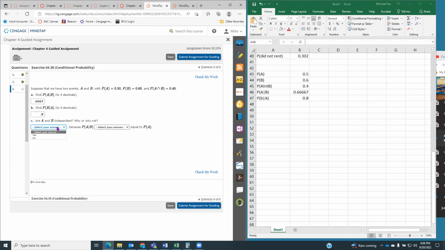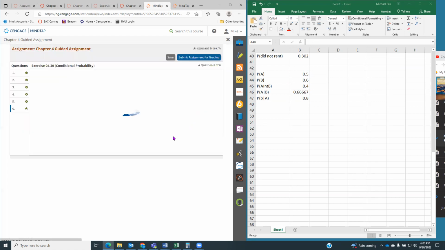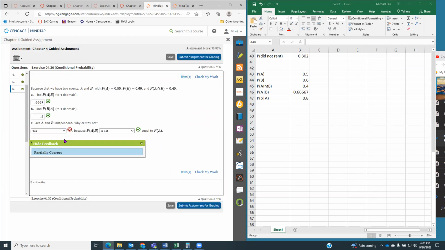We would say something is dependent on the other one if the probability of A given B is not equal to the probability of A. So we'll check our work. Oh, except that I just messed this up. Sorry. Let's say, are they independent? No, they're not independent.